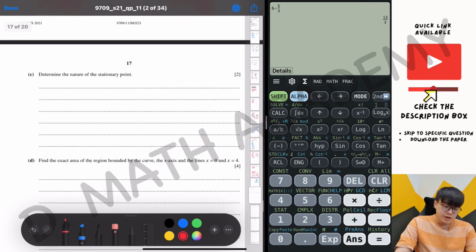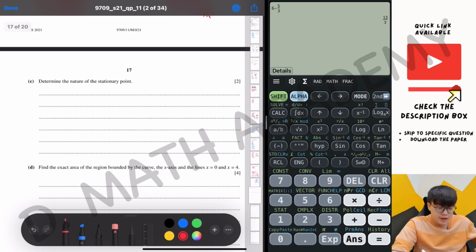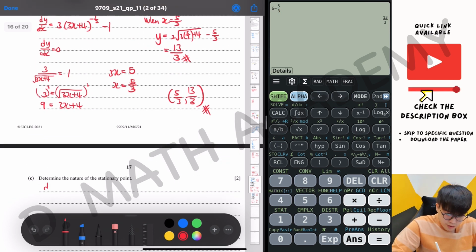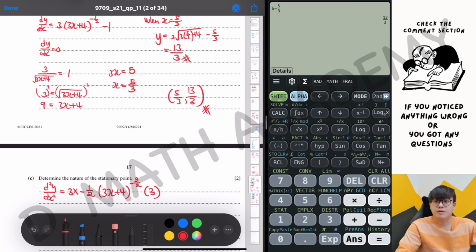Moving on to the next part, determine the nature of the stationary points. So from what we've gotten here, you need to identify your d2y/dx2. So you have to repeat the steps again: multiply with the existing power, 3x plus 4, and then minus the power by 1 again, and then differentiate the value inside the brackets.